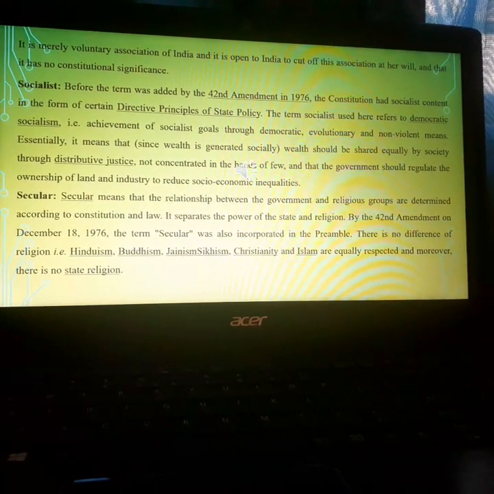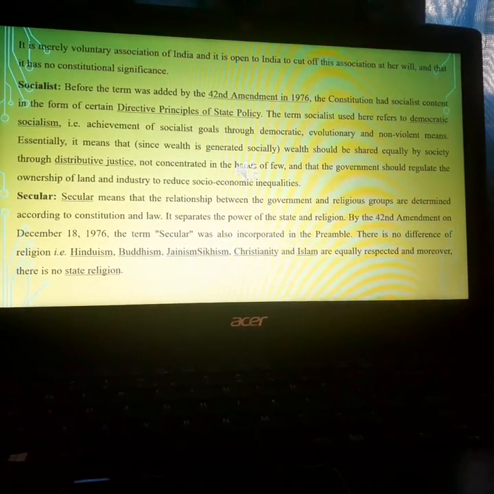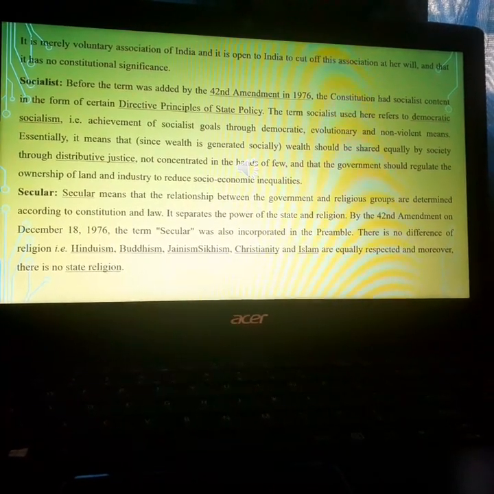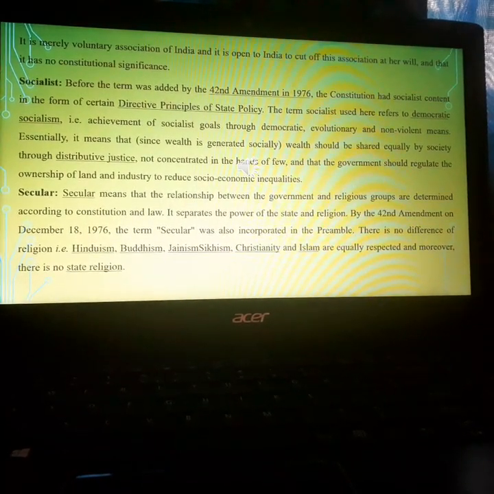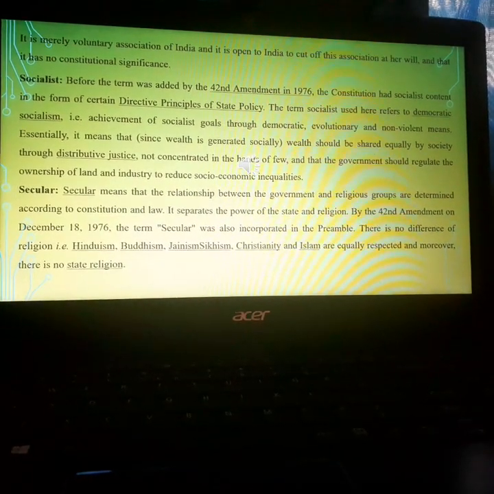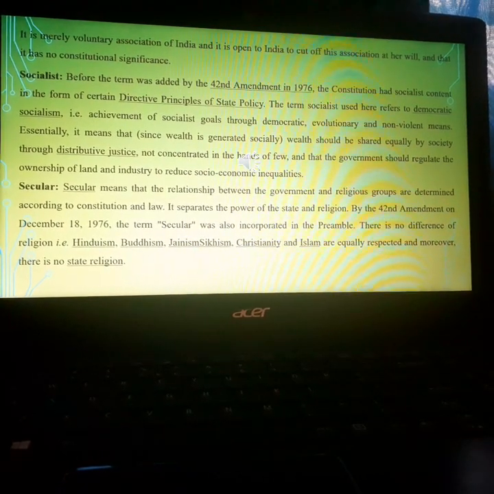Essentially, it means that wealth should be shared equally by society through distributive justice, not concentrated in the hands of a few, and that the government should regulate the ownership of land and industry to reduce socio-economic inequalities.